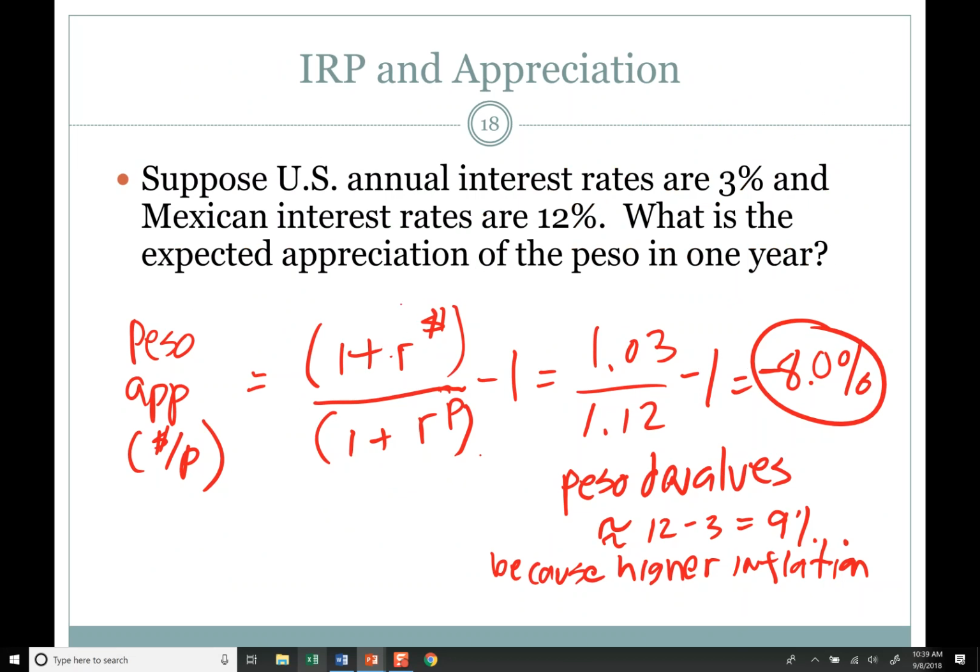U.S. inflation is expected to be 3%. Mexican inflation is going to be 13%. If I take 1 plus the US inflation over 1 plus the peso inflation, and subtract 1, that's going to tell me the expected appreciation of the peso.